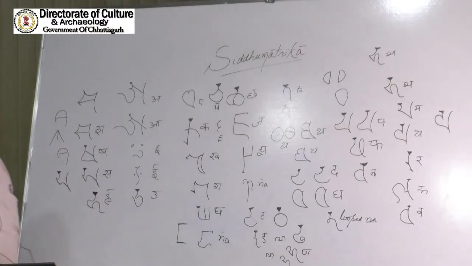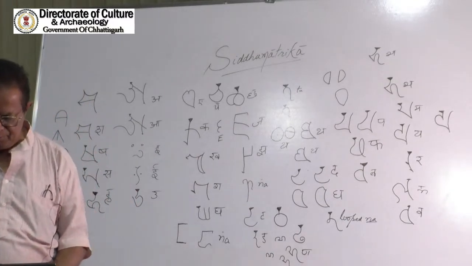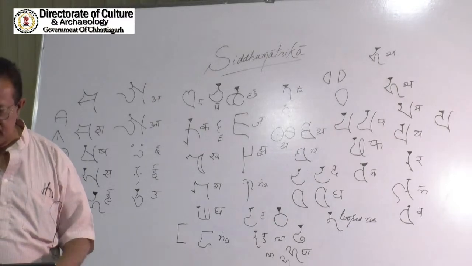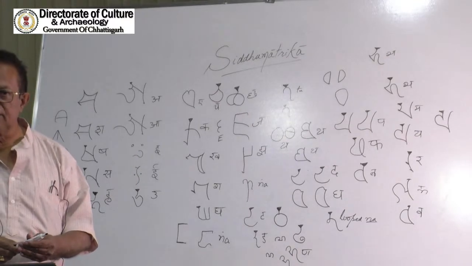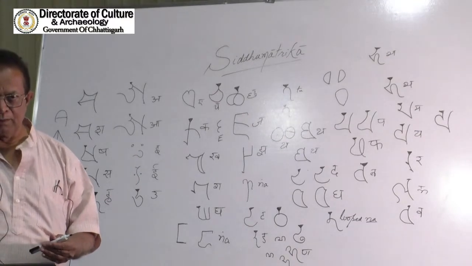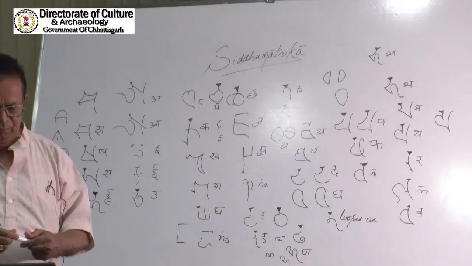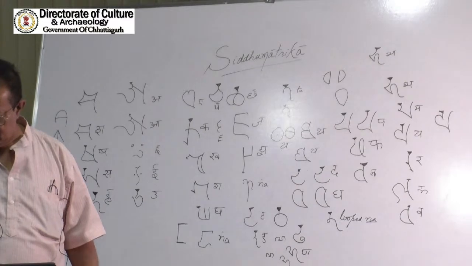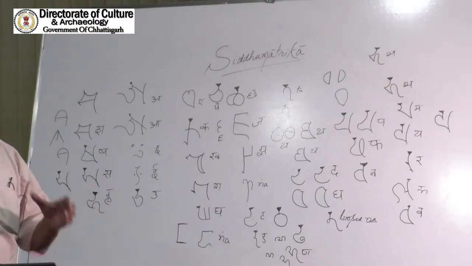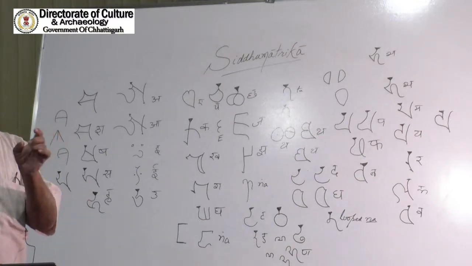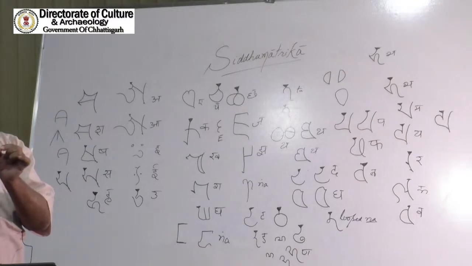So with this, the consonants are completed. Before I proceed to the vowel signs, you can take some close view of the characters. Though I explained repeatedly, if you feel like taking, you take. Before I remove this, the chart also will be there. But the board gives ample scope to give a definite definition of how a letter should be.